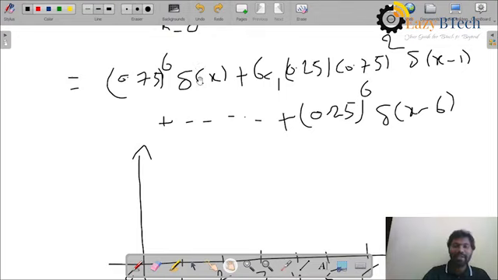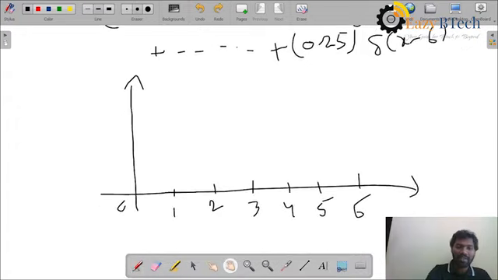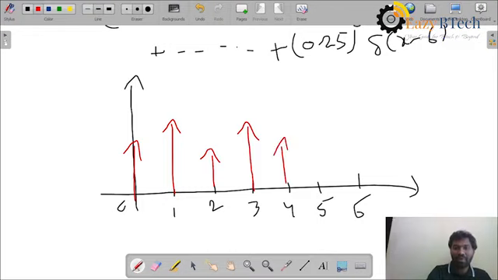That means you are getting impulses at x equal to 0, 1, 2, 3, 4, 5, 6. That means your density function is in steps form.